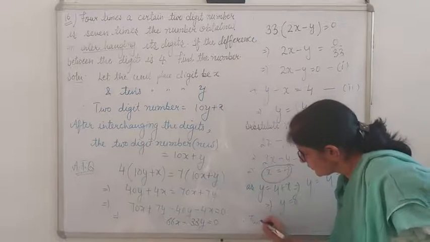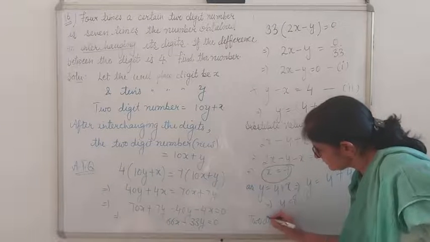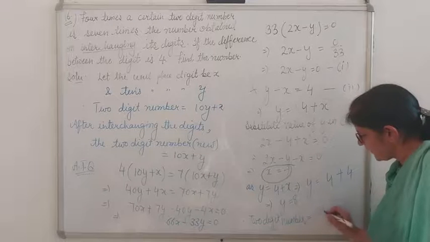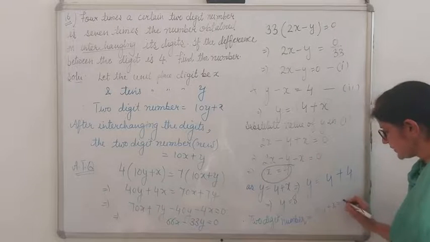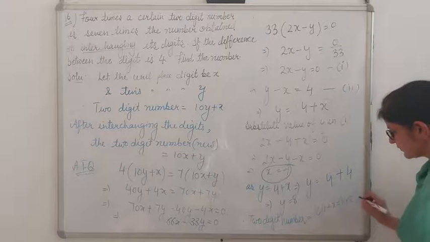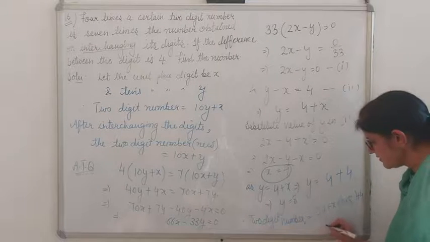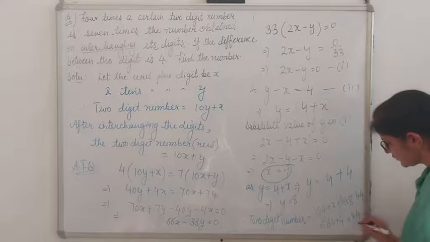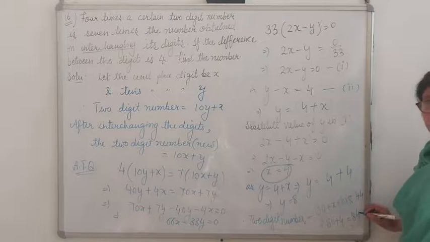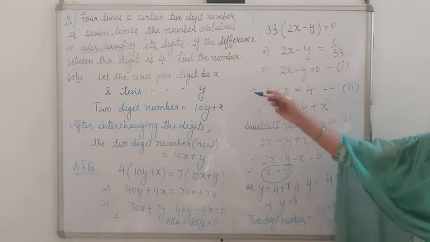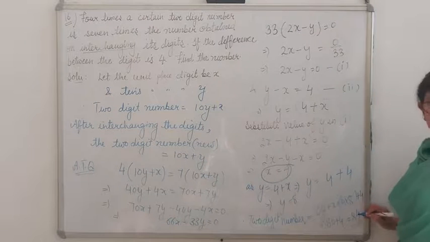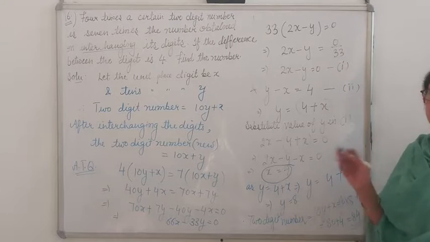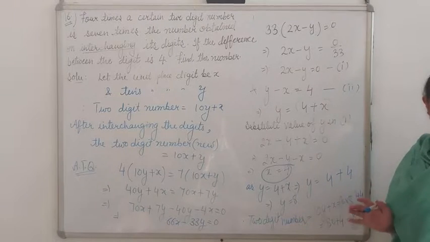Therefore, the 2-digit number is equal to 10y plus x, 10 into 8 plus 4, 10 eights are 80 plus 4, 84. You can see 8 minus 4 is 4. The difference is 4. And for the second condition also, you reverse them: 48. 4 into 84 is equal to 7 into 48. Both give you the same value. You can check your answers even.